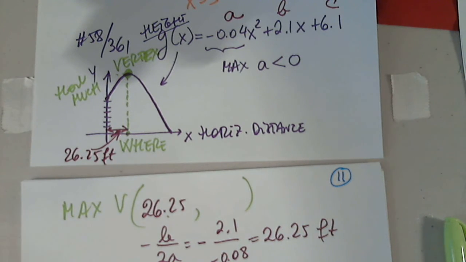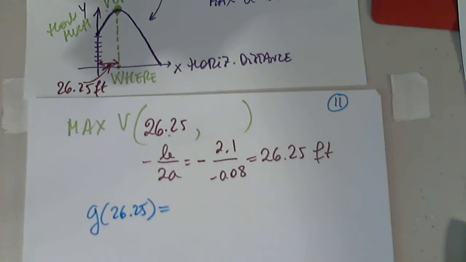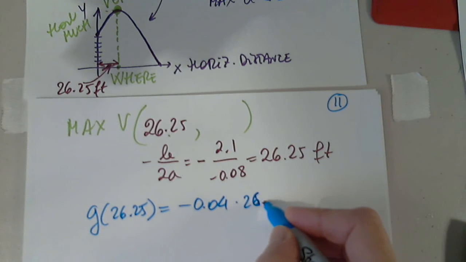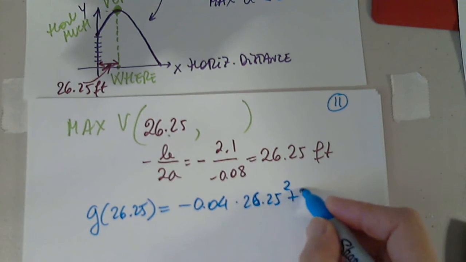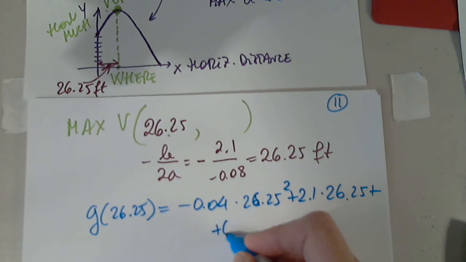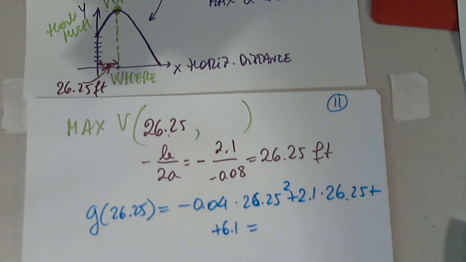How do I find the maximum height? The function of x? Yes. So I have g of 26.25. So let's see what we get. Negative 0.04 times 26.25 squared plus 2.1 times 26.25 and plus 6.1. Let's see.